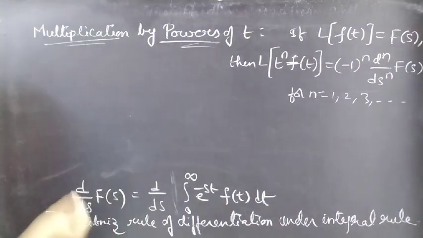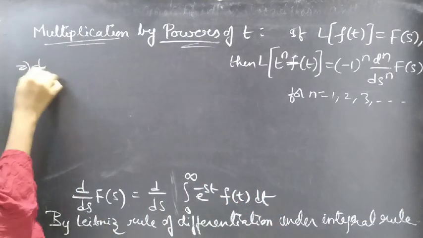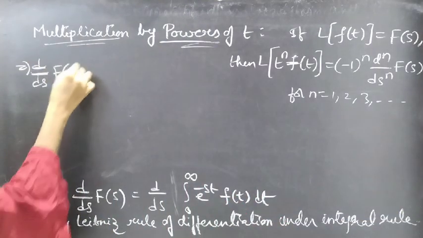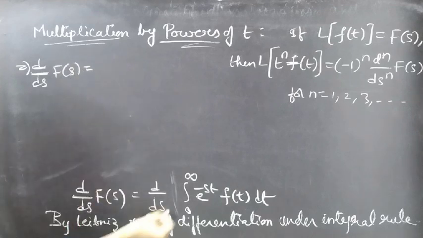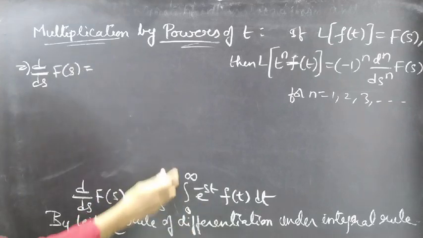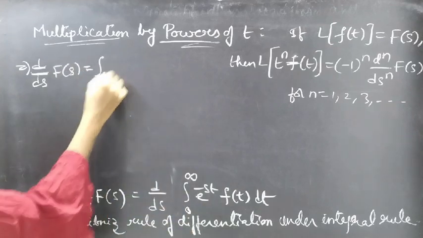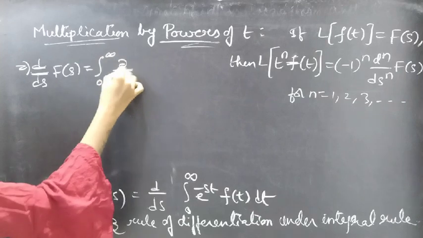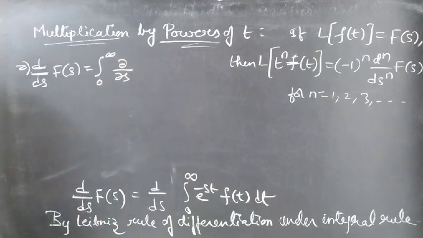we can write the RHS part as, we'll take this d by ds inside the integral as dou by dou s.